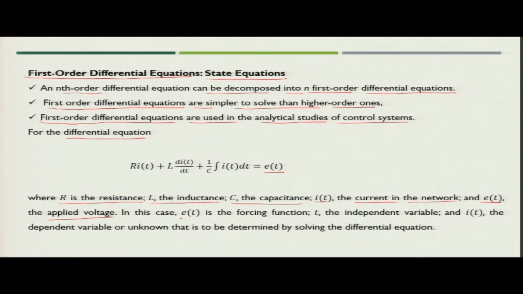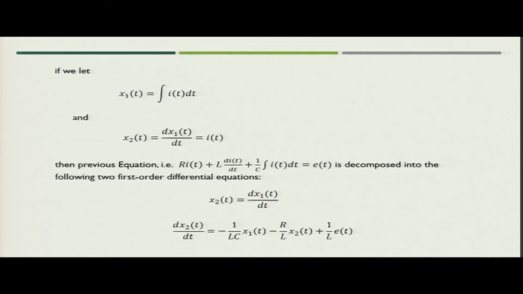In this case, e(t) is the forcing function, and t is the independent variable, and we will consider i(t), that is current, as the dependent variable or unknown, which we need to determine by solving this differential equation. Now, let us assume the integral of i dt as another variable, say x1(t), and then we write dx1(t) by dt as x2(t), which is nothing but equal to i(t).